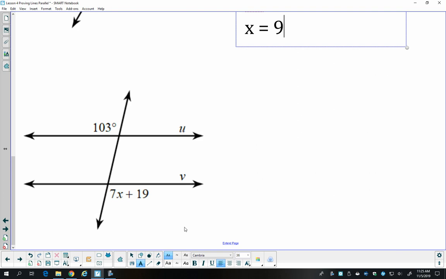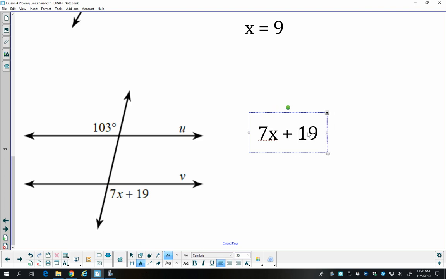Let me do one more. Here I have alternate exterior angles, on alternate sides of the transversal, on the exterior of U and V. Alternate exterior angles, we should know by now, are congruent, and so their measures will be equal. I'll subtract 19 from both sides.